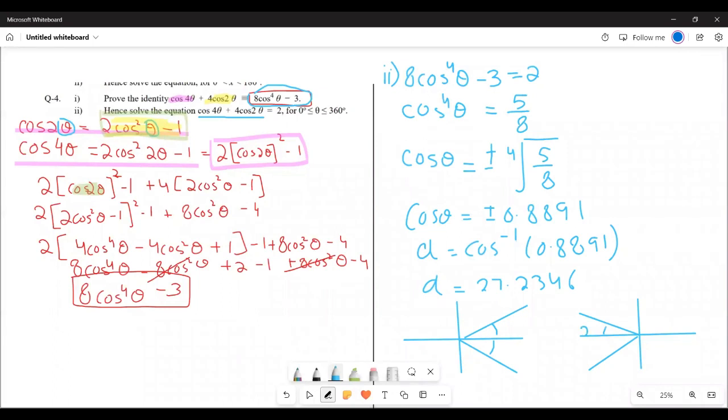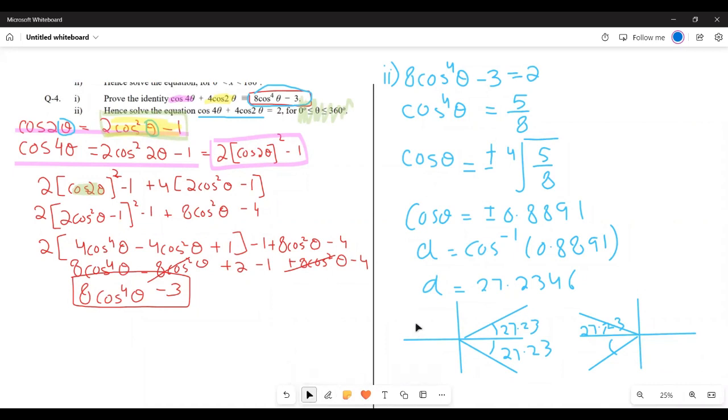So we're going to find all these angles. These are all 27.23. This is also 27.23, and this is also 27.23. Our domain is from 0 to 360 degrees, so we have to include all angles between 0 and 360 degrees.